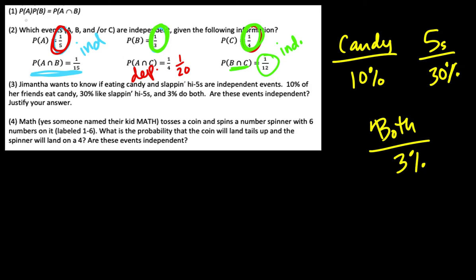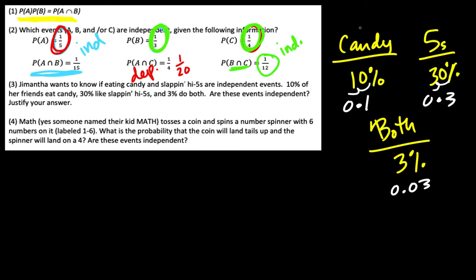Okay, so we're going to use this relationship up here. What we need to do is transform these into decimals. So we just move it twice. So this is 0.1, this is 0.3, and this is 0.03.